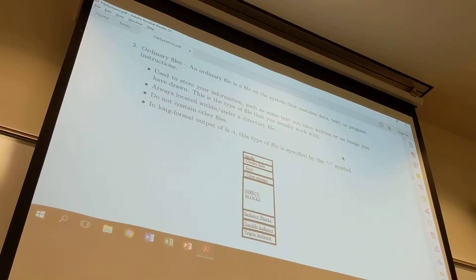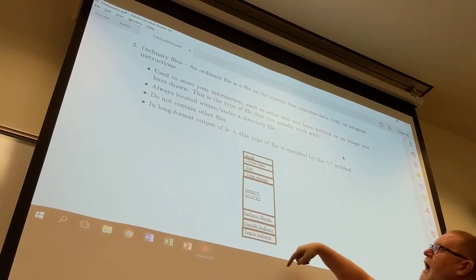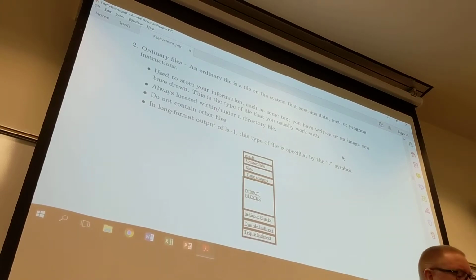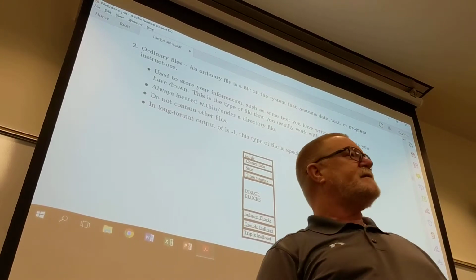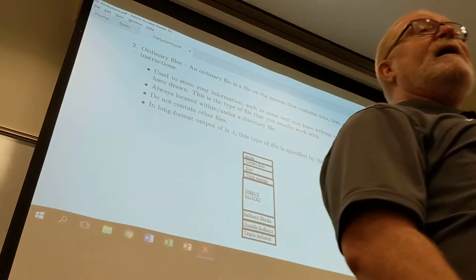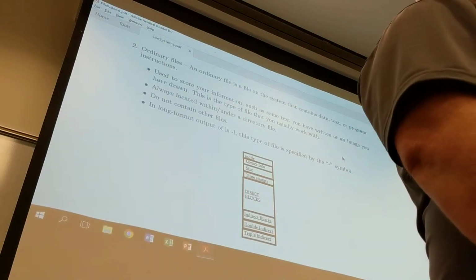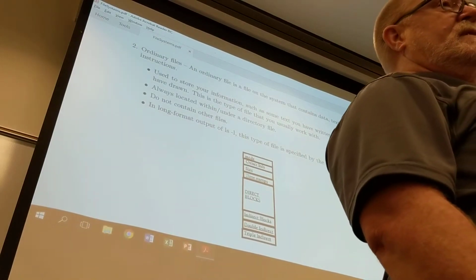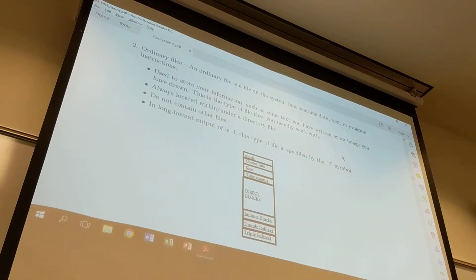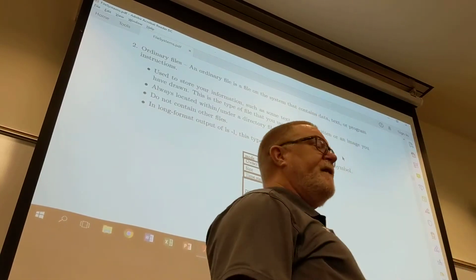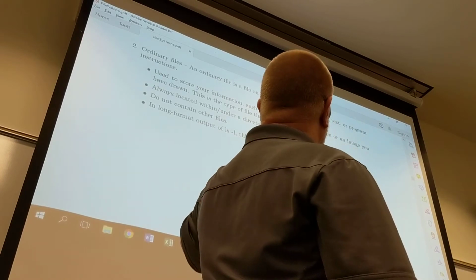Now, ordinary files, we just talked about how they're organized. You can see a lot of this information, like owner info. Have you guys done ls -l? Has anyone ever done ls -lg, which lists the groups that you belong to? Has anyone done ls -i or ls -li? That will give you the inode number.